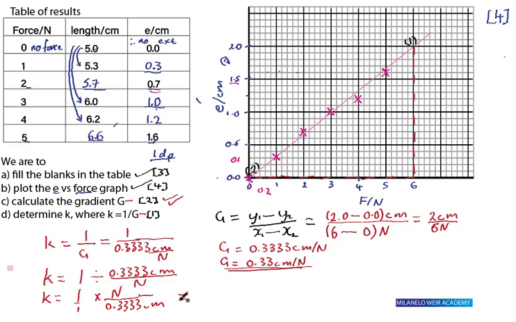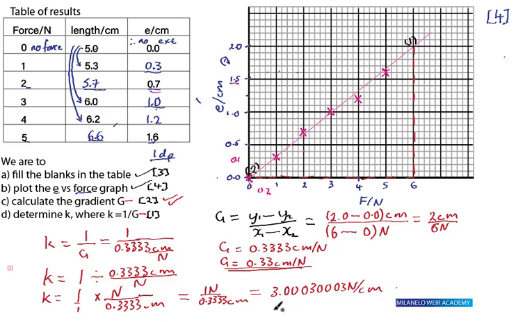But what we are going to do here, we are going to have 1 Newton over 0.3333 centimeters, which is equivalent to, upon punching my calculator, this is what I found: 3.0003003 Newton per centimeter.